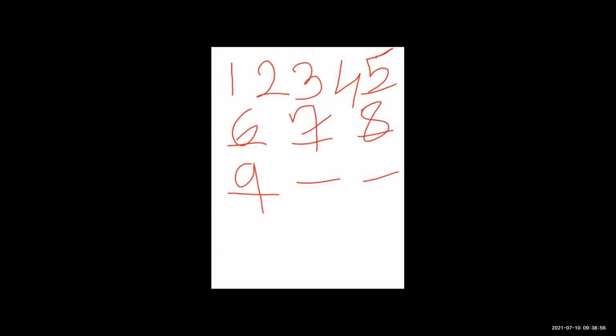After 8, 9, 10, 11. So these numbers continuously go on in a sequence. Yes, 11, 12, 13, 14, 15, 16. It goes on, repeating over and over again. It is called a pattern.